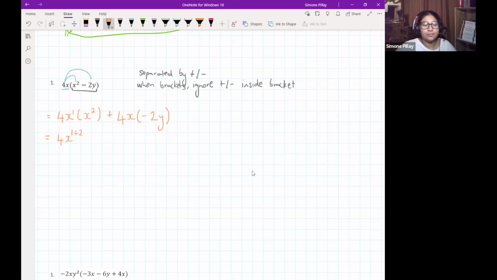Yeah, and then I said plus, and then I said 4x times negative 2, and then I got 8. It's going to be 8xy. Okay, is it 8? Yeah, 8xy. Remember now what happened is that we included a negative here. So now it's 4 times negative 2.